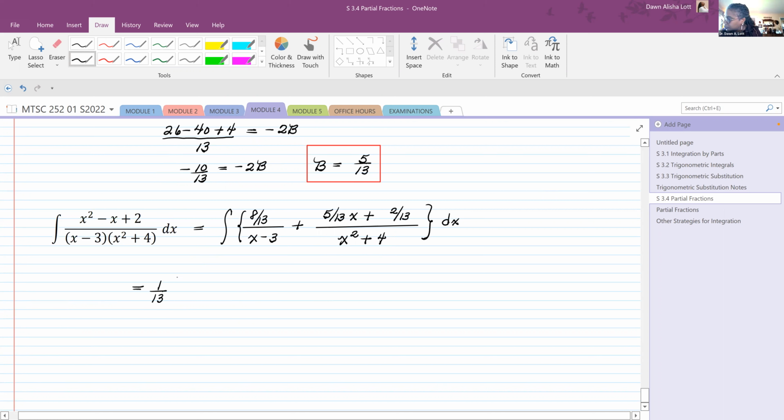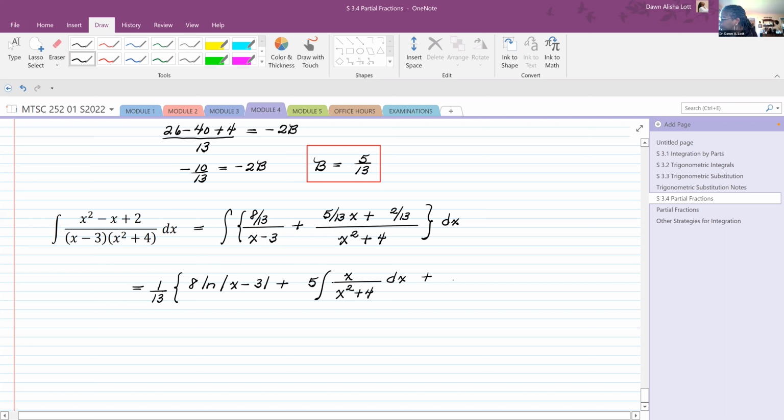Okay, and so we're going to get, this one is going to be 8 times the natural log of the absolute value of x minus 3. So that part is done, but we now have 5 times the integral of x over x squared plus 4 dx.